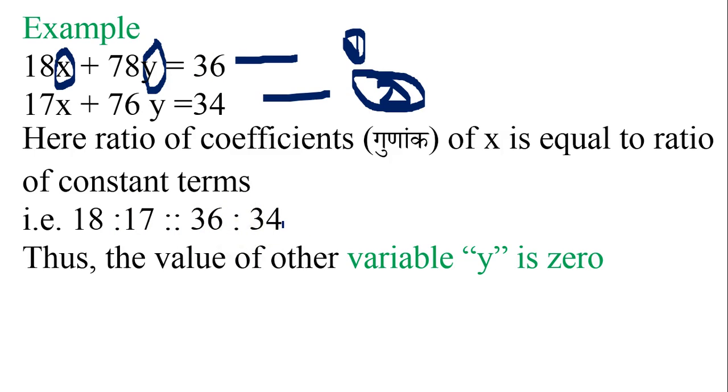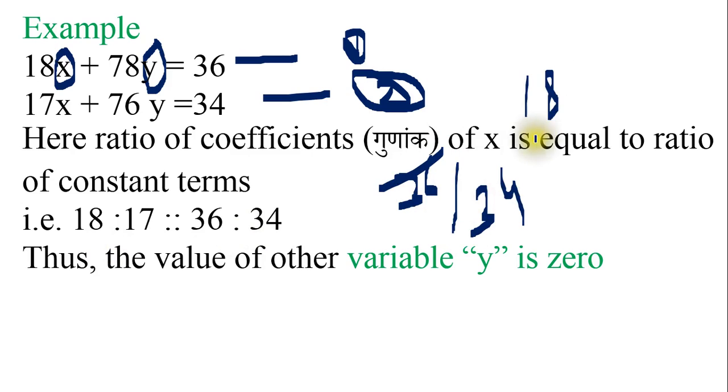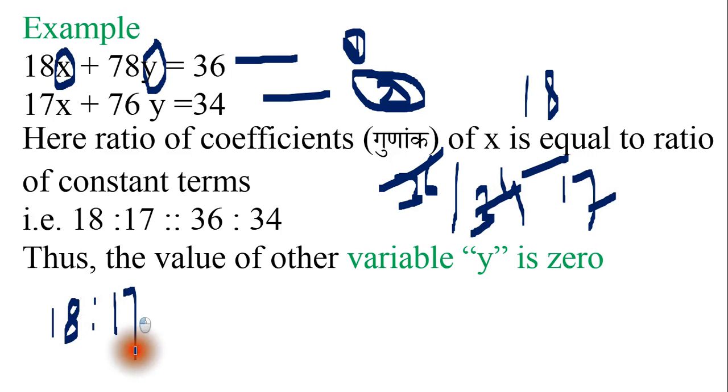If you divide 36 by 34, you will get 18 over 17.